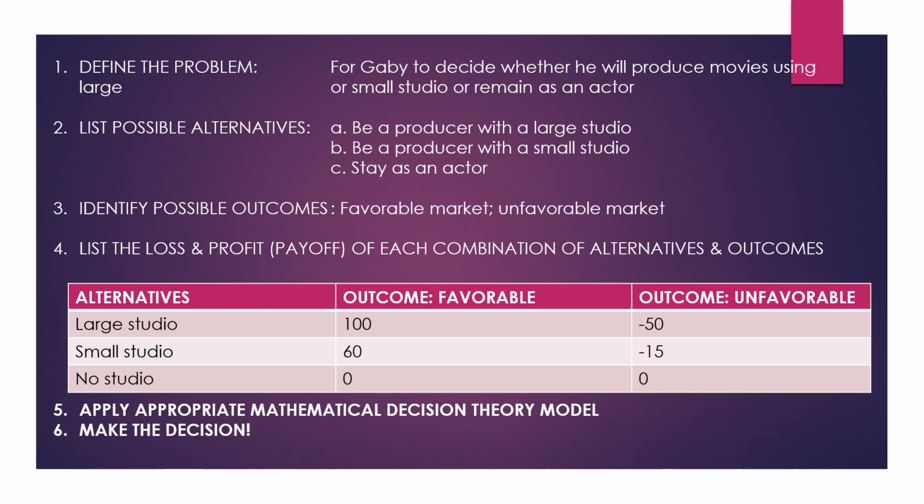Fourth, list the payoff for each combination of alternative and outcomes. So we just list down. For a large studio, the net income is 100, in thousands of pesos. Small studio 60, no studio 0. For unfavorable, the net loss is depicted by a negative sign, negative 50, again in 1,000 pesos. Fifth, apply the appropriate mathematical decision theory model. And lastly, and the most important one, make the decision.